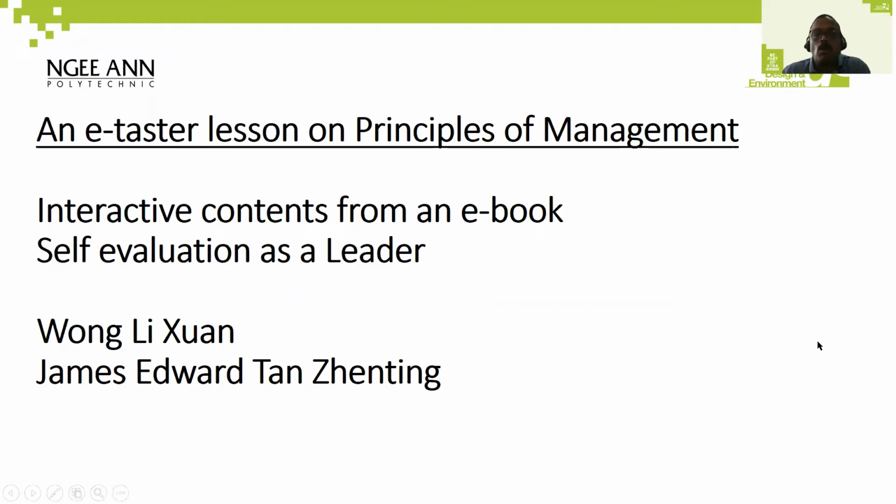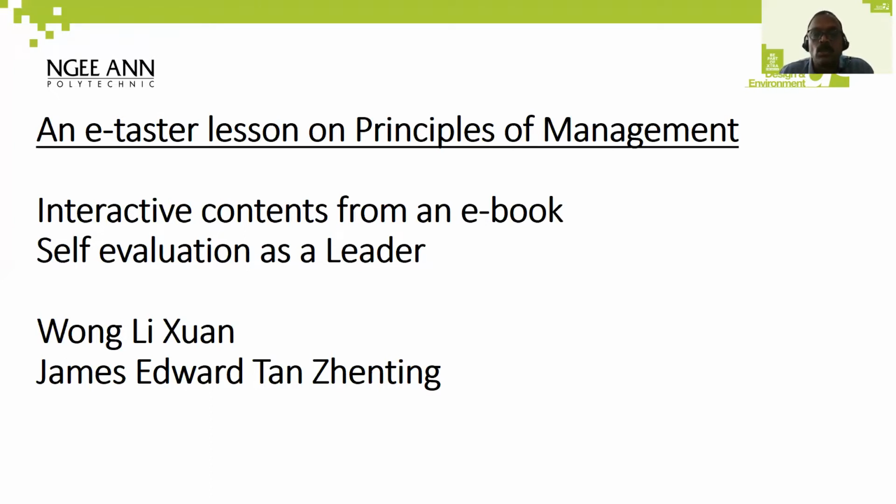So in this diploma, in year 2, we have a module called Principles of Management, where we are using an e-book where students will be learning in an interactive way. We want to have a look at how students are achieving this by having a look at the e-book and also having a glimpse of the lesson.